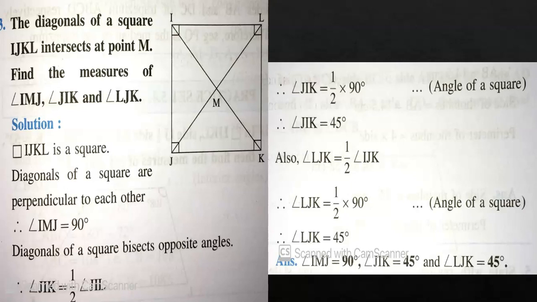Question number 3. The diagonals of a square IJKL intersect at point M. Find the measures of angle IMJ, angle JIK, and angle LJK. Let us start.